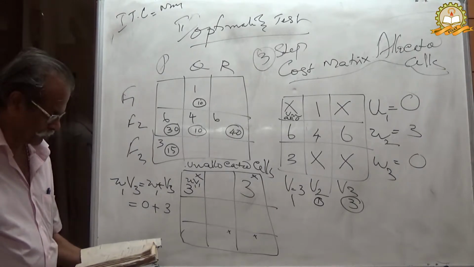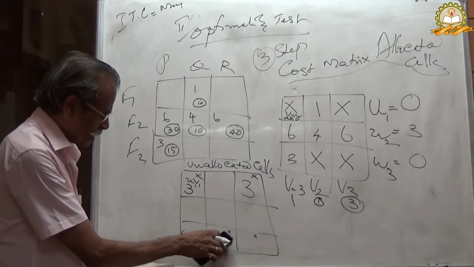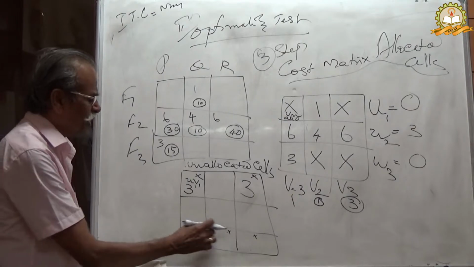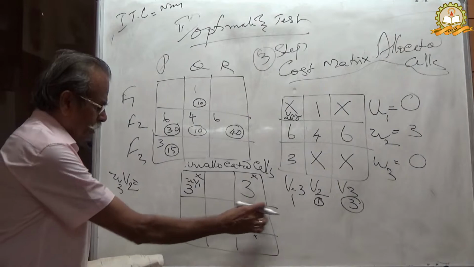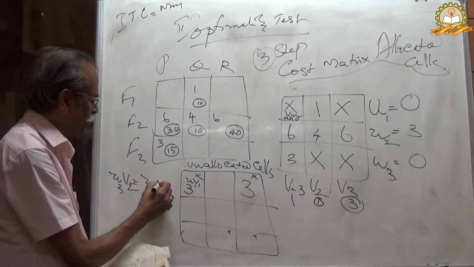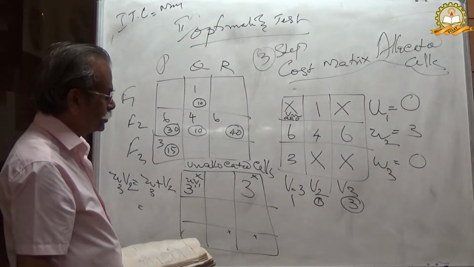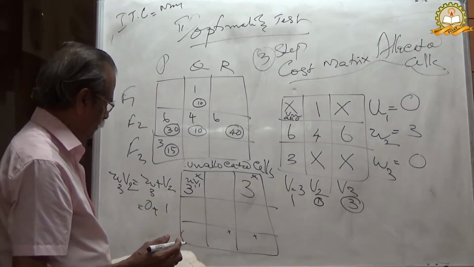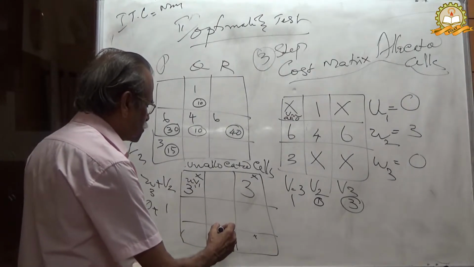Similarly, these two are unknown. This is third row V2, equal to U3 plus V2. U3 equal to 0 plus V2 equal to 1, so U3 V2 is 1.